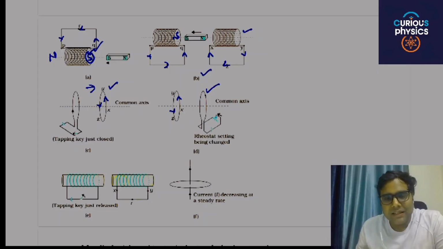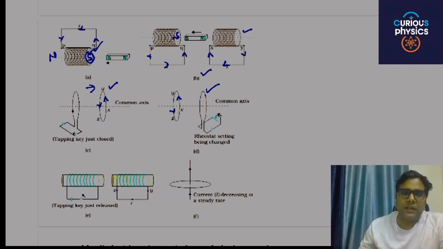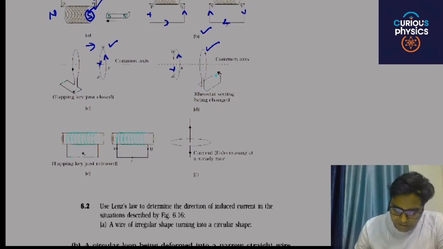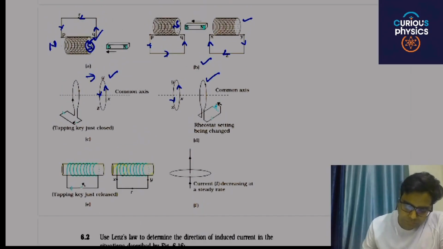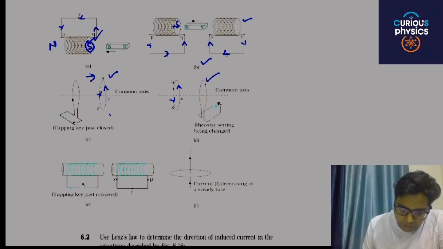By increasing the resistance you are reducing the current, and if the current decreases, then automatically what will happen? Magnetic flux will decrease.